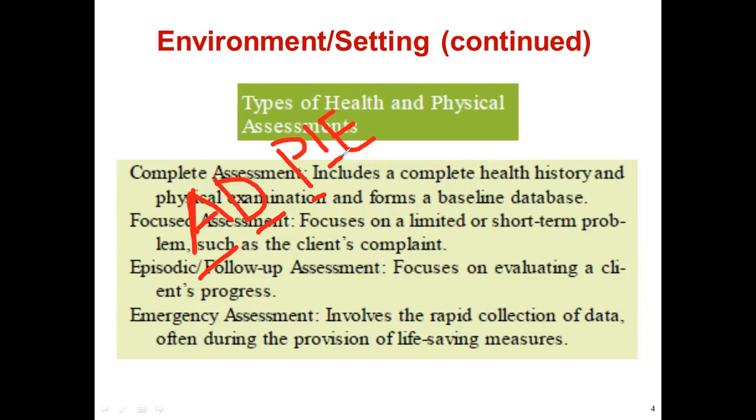After giving oxygen, a few minutes later, when you recheck by oximetry, you find your patient's saturation of oxygen is 95%, 96%. This is actually the outcome, and this is evaluation. After watching the outcome, you go for the next steps.